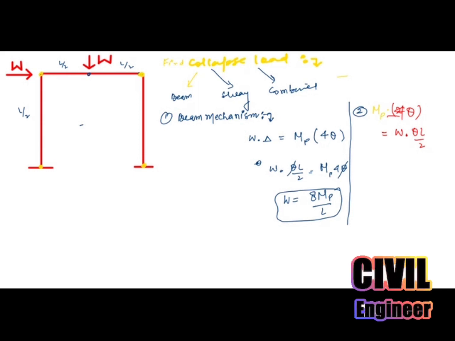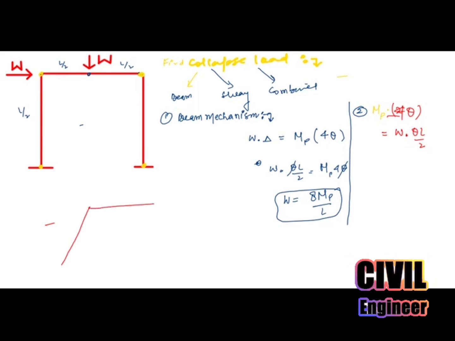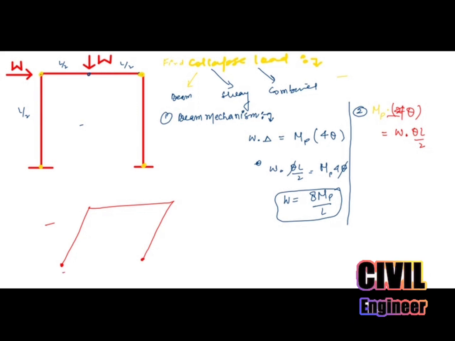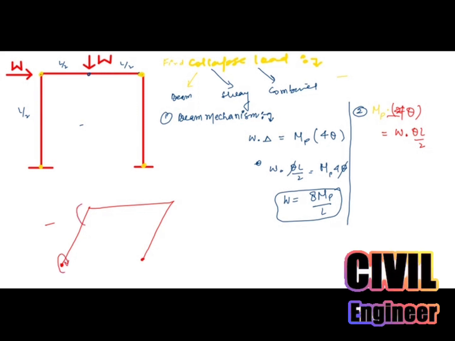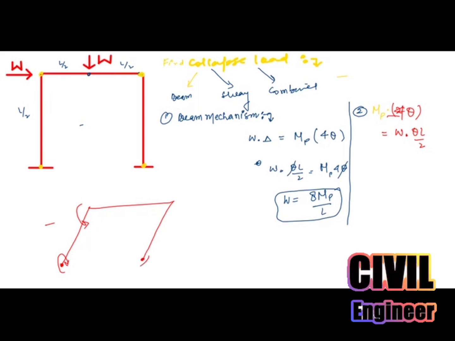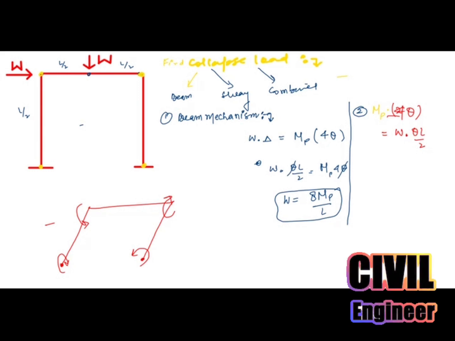Now how this will be 4 theta, I'll tell you. This will be the deflected shape after the sway. The hinge is formed here, and here. One moment will be here, another moment here. Similarly, one moment here and another here. So these four moments, and there are obviously rotations as well.